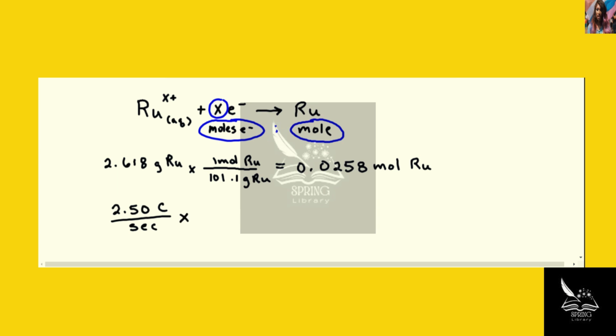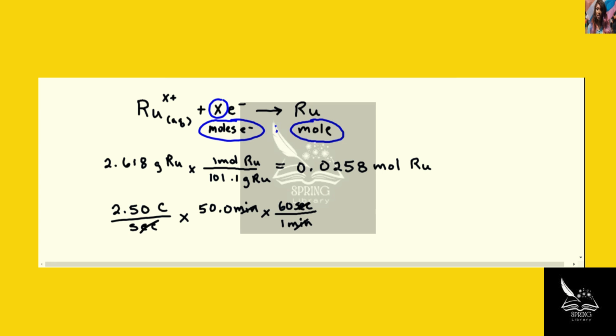So let's multiply this by our time, which was 50 minutes. Unfortunately, right now my units are not in agreement, so we need to convert from minutes to seconds. All right, let's see what this does for us. Minutes will cancel, seconds will cancel. I have coulombs right now.